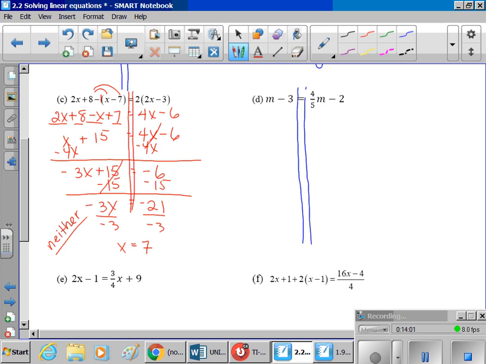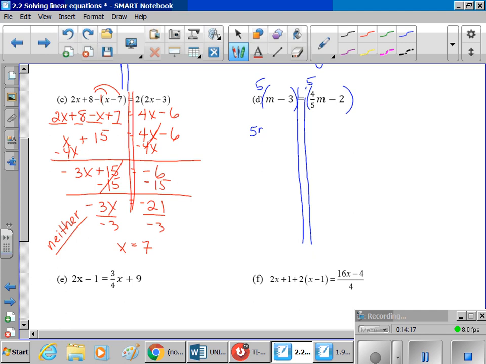Now, if they want to get rid of that 5 first, I would usually add 2 to both sides before I multiplied through by 5. But in this case, let's just multiply everything through by 5. We're going to multiply this by 5 and this by 5.